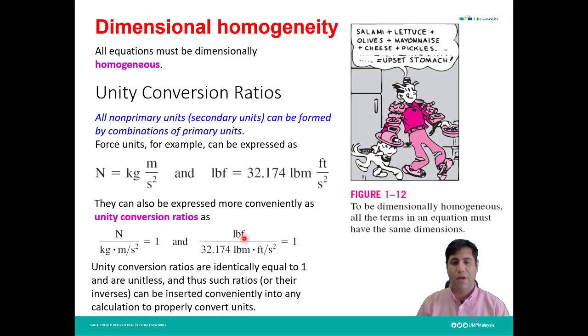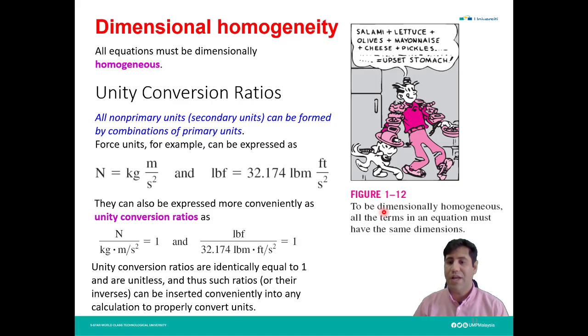Also for the force in English units, still the conversion ratio is unity. We can use this definition, this unity conversion ratio, in our equation to find the answer in terms of each one of the units which we have.